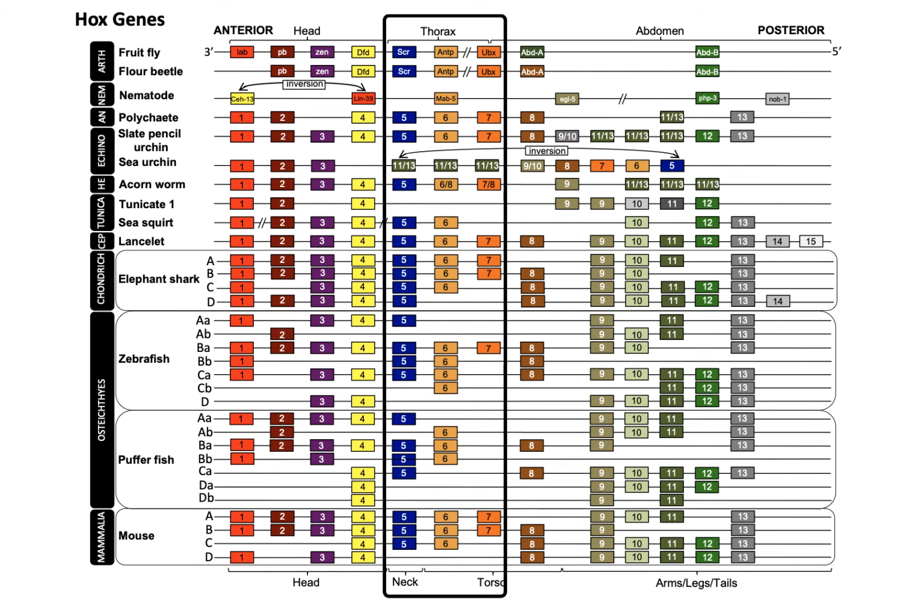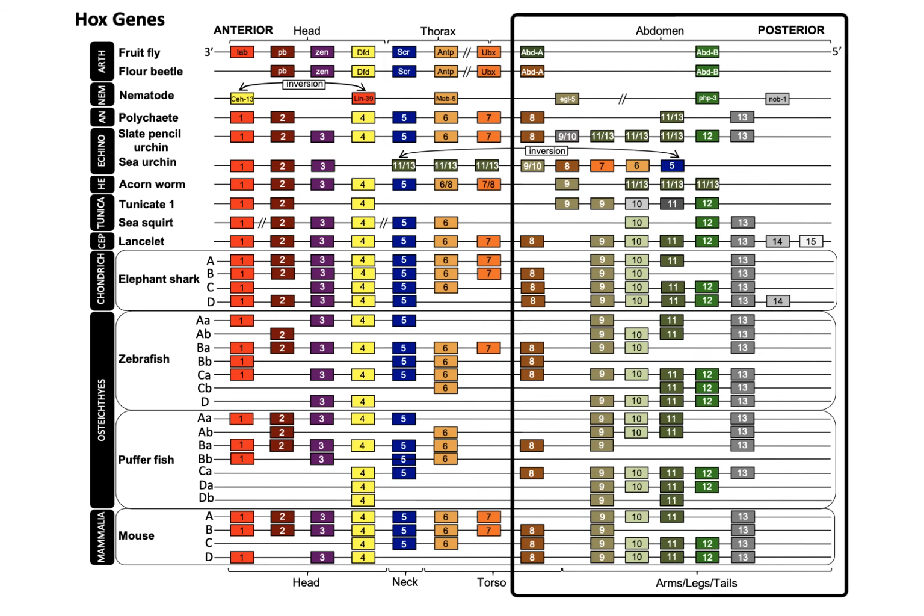And then in the thorax or the neck region, these are turned on 5, 6, and 7. And then you have abdomen, arms, and legs turned on over here with 9 through 15, if they happen to have 15. Not all organisms have 15. For instance, humans have only 13, and 14 and 15 are missing now.